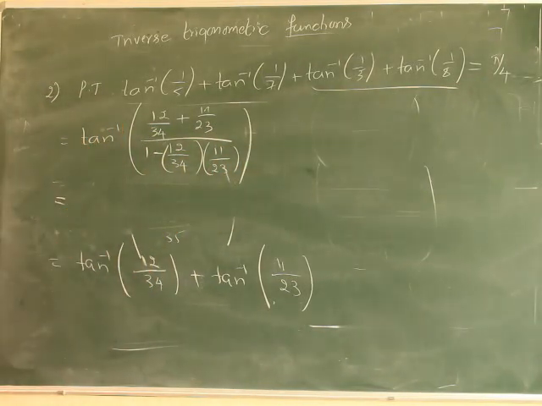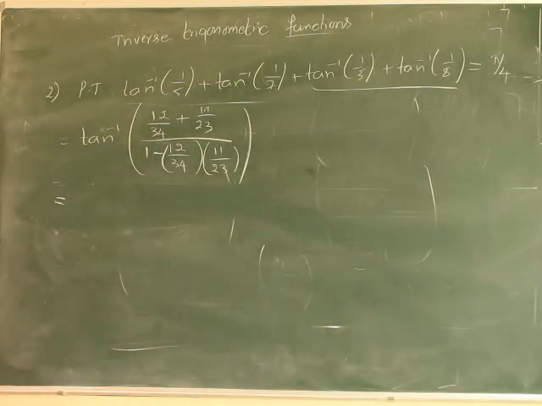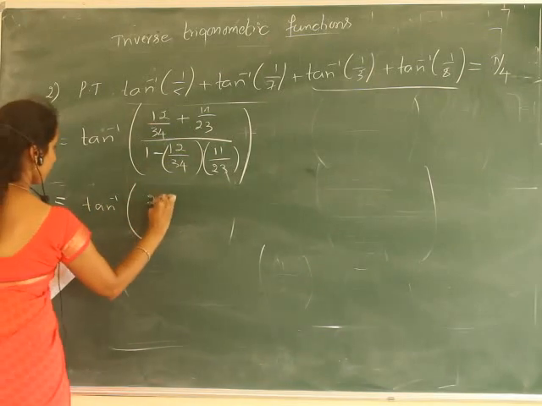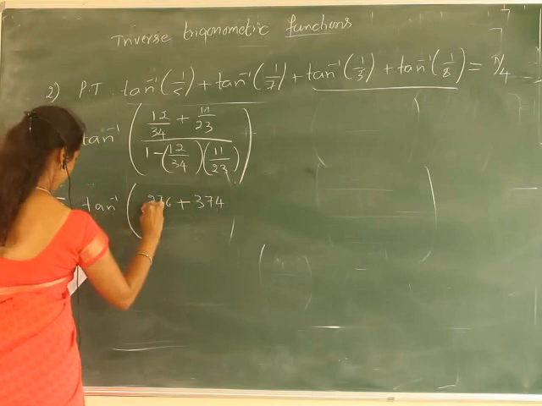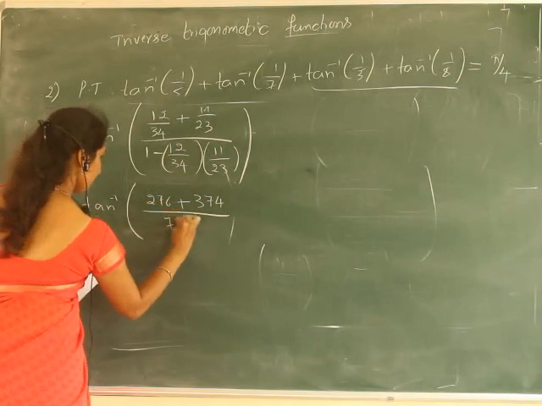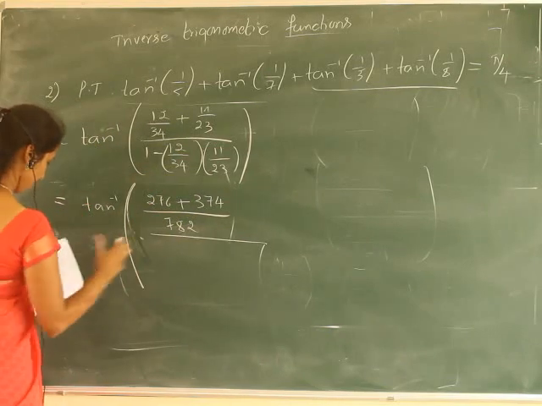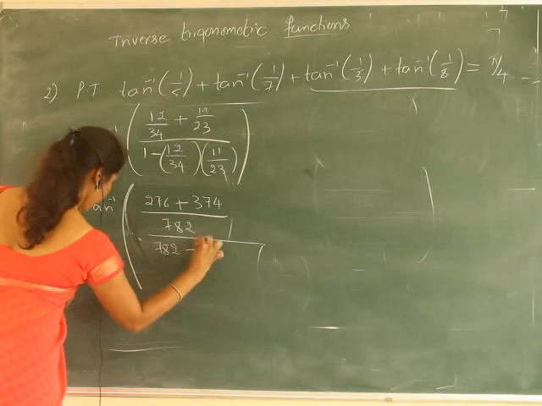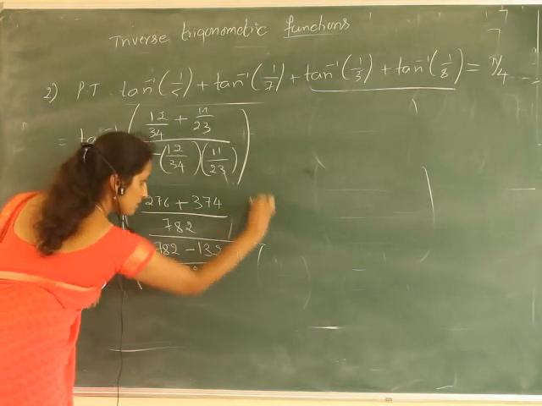This is equal to tan inverse of 650 divided by 782 whole divided by (782 minus 132) divided by 782.